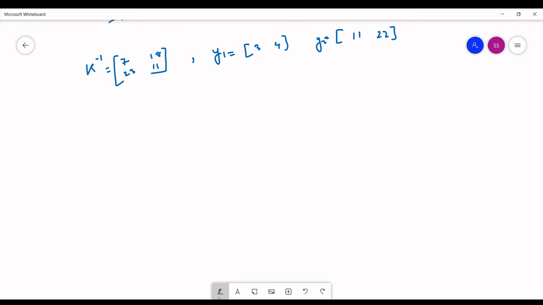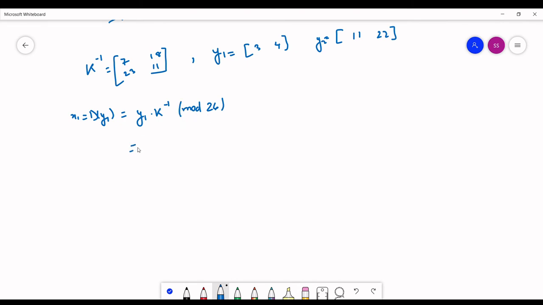X1 is equal to decryption of Y1, and decryption of Y1 means Y1 into K inverse mod 26, right? So Y1 is 3, 4, and K inverse is 7, 18, 23, and 11.